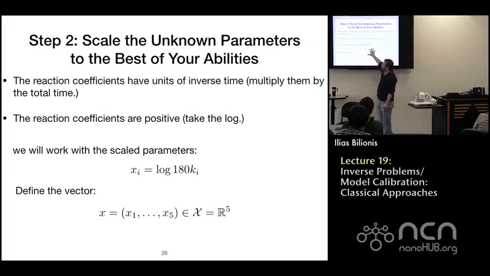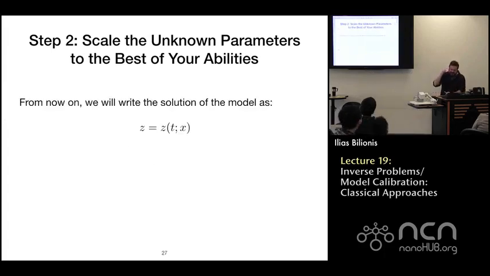So you just take the logarithm of whatever positive quantity you have, and now you have to find an x that is in a Euclidean space, completely unconstrained, and that's nice. Okay? So you should always do that. Do not just try to optimize over the k's, because if you don't worry about the constraints, you're going to start getting negative k's, which doesn't make sense. Anyway. And we will think of the solution as a function of the x's now instead of the k's, which are just a scaled version of the k's.